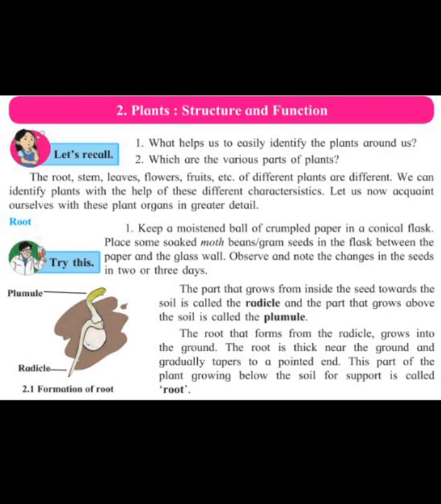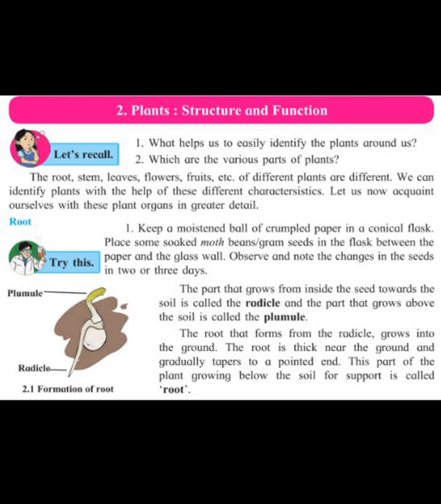Okay, children, first of all, tell me how can you all easily identify the plants around us? Yes, children. The answer is we can identify different plants around us with the help of certain characteristics that are different from each other, right?